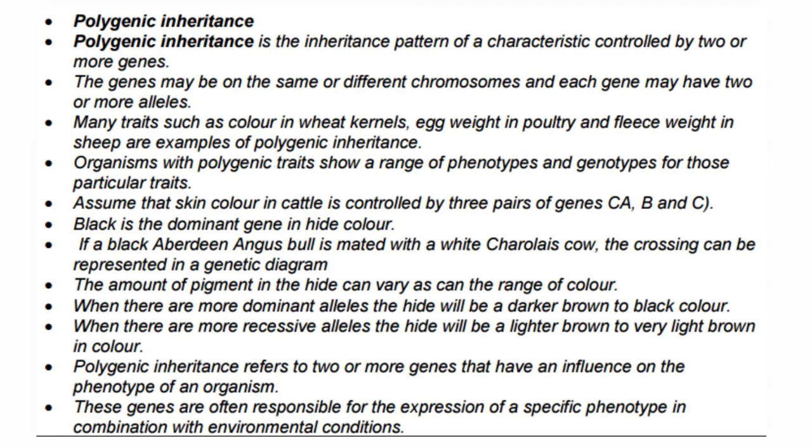In color, polygenic inheritance refers to two or more genes that have an influence on the phenotype of an organism. These genes are often responsible for the expression of a specific phenotype in combination with environmental conditions.